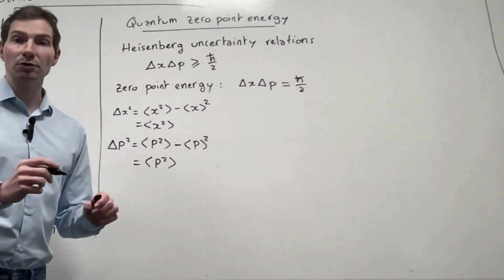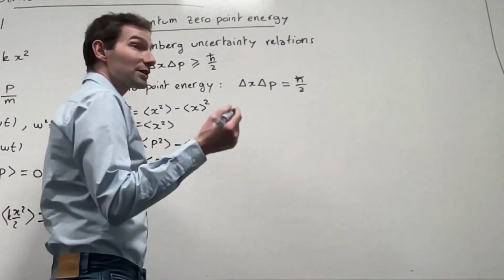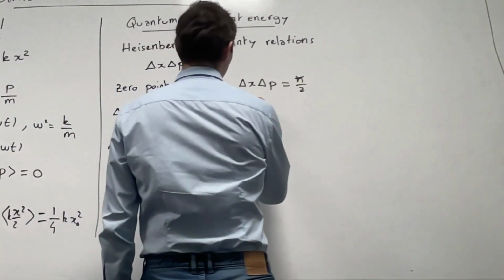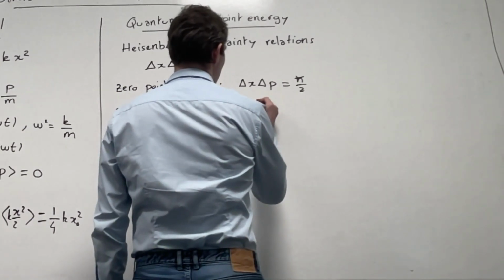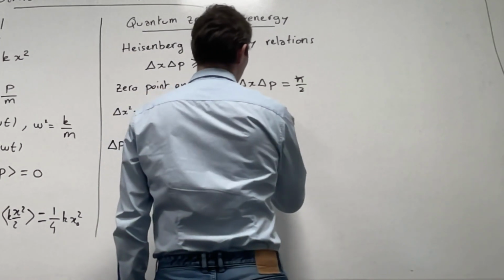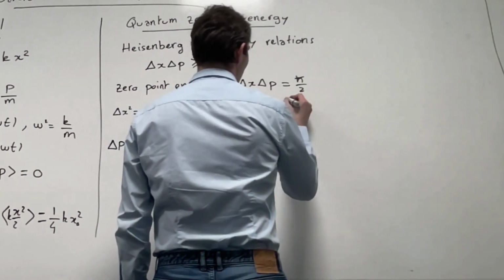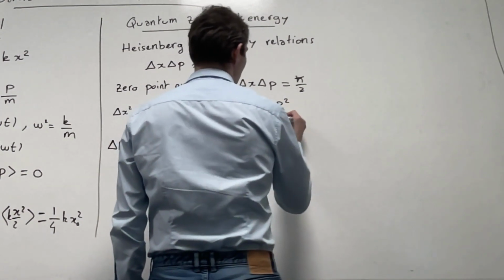So what do I do with this? Well, as I said, you've got one equation, so you can write a second equation, which is the following: k over 2 times delta x squared is equal to delta p squared over 2m.